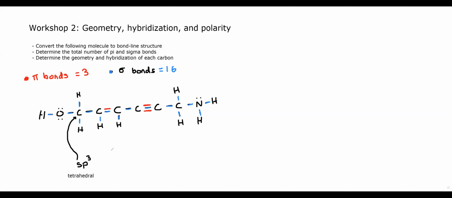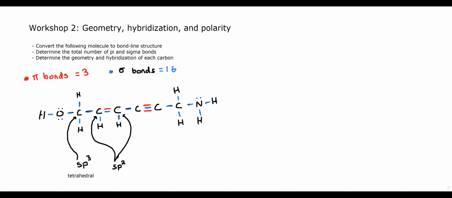Okay, and then the next carbon here, actually both of these carbons will have the same, since they're both carbons with a double bond and 2 single bonds. This carbon on the left of the double bond and this carbon on the right of the double bond both have a double bond and 2 single bonds. So if we recall, that should be sp2 hybridized.